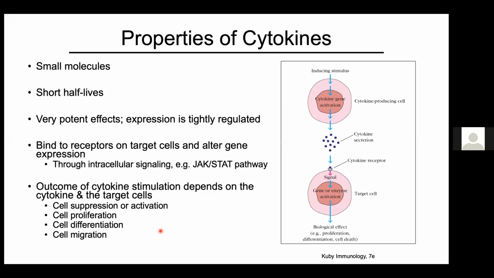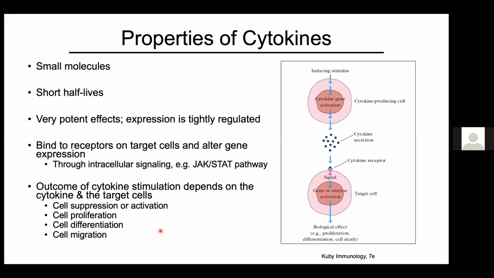So how do they work? They function by binding to specific target receptors, which would be found on the surfaces of other cells. And then once they bind to the receptor, they activate intracellular signaling molecules, for example, the JAK-STAT pathway or other pathways, which would basically send this signal to the nucleus, and then you get alteration of gene expression.